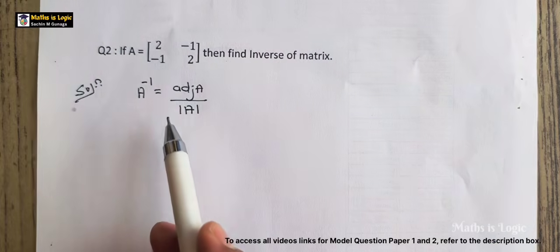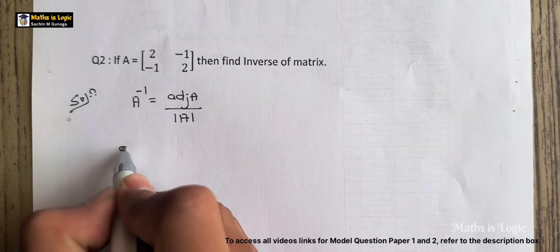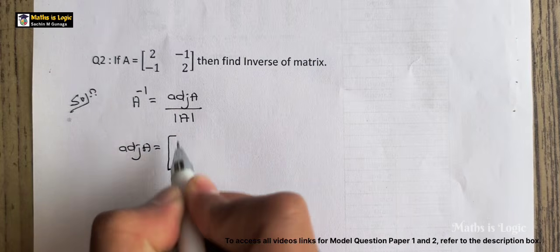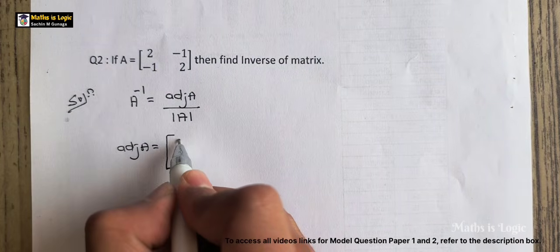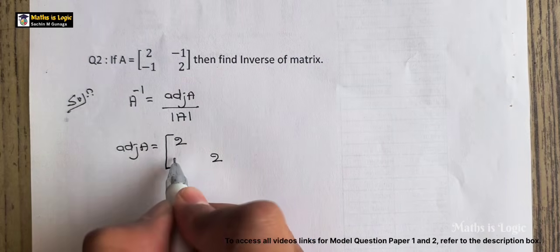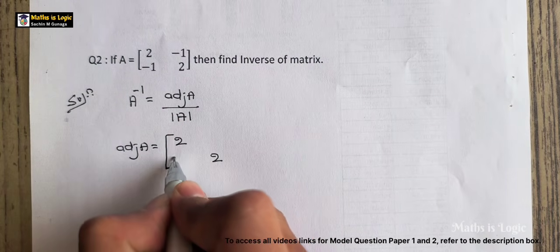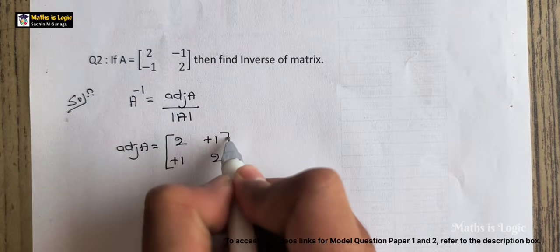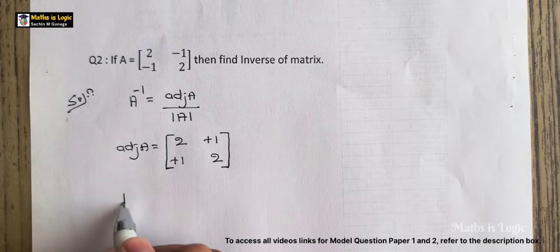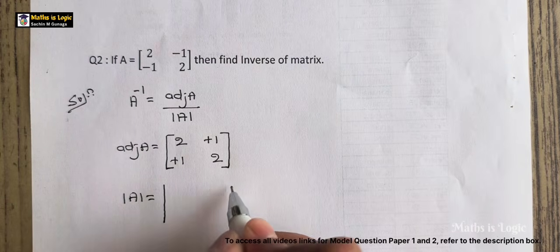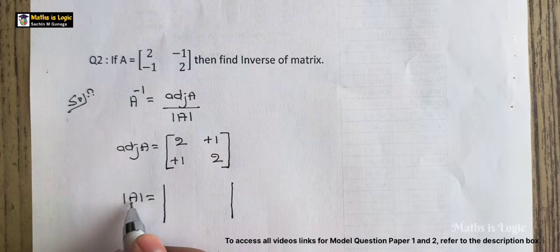First write the formula, then find adjoint of A: interchange the principal diagonal elements, it becomes 2 2. For the remaining elements change the sign: minus 1 becomes plus 1, again minus 1 becomes plus 1. Next, find the determinant of A value. So determinant symbol, keep it as it is, substitute A.